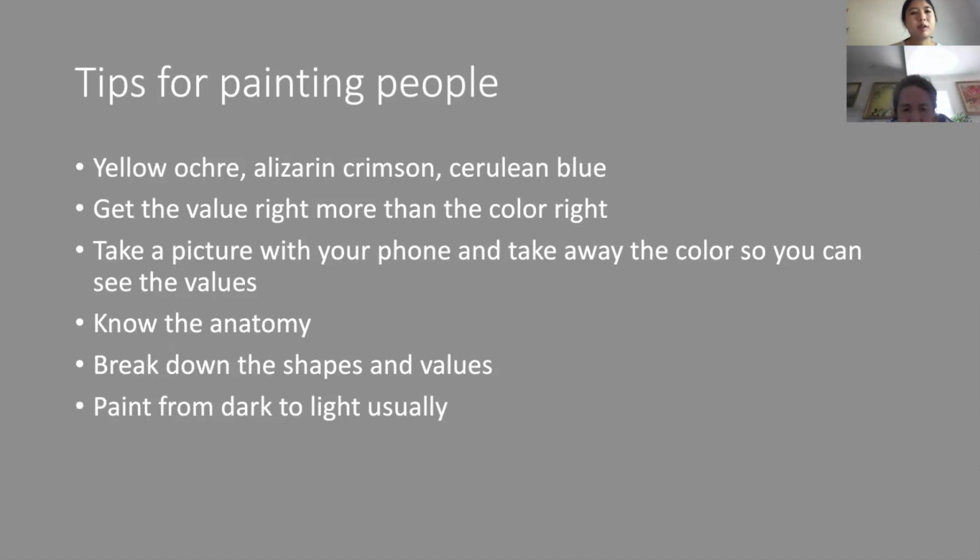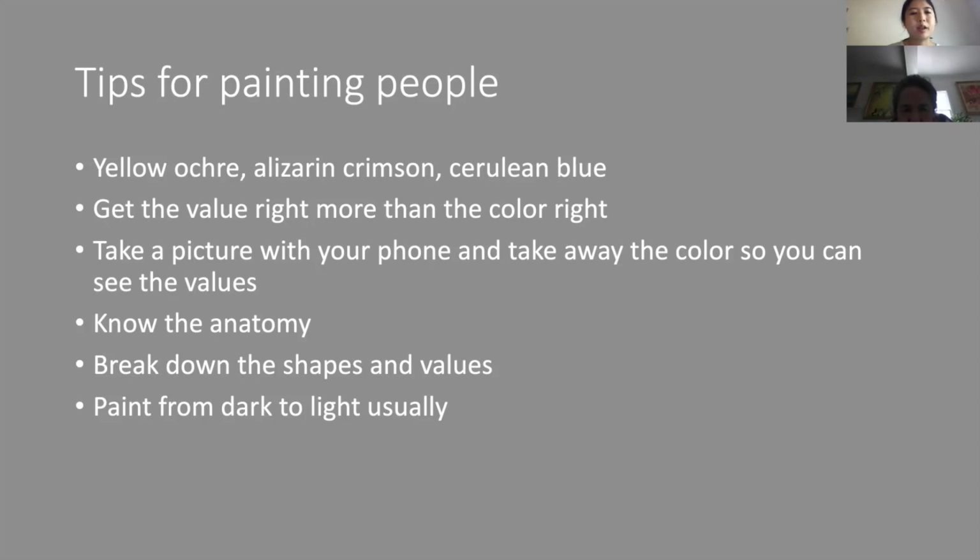Some more tips for painting people. One artist said that he usually uses yellow ochre, alizarin crimson, and cerulean blue the most. And it's important to get the value right more than the color right.